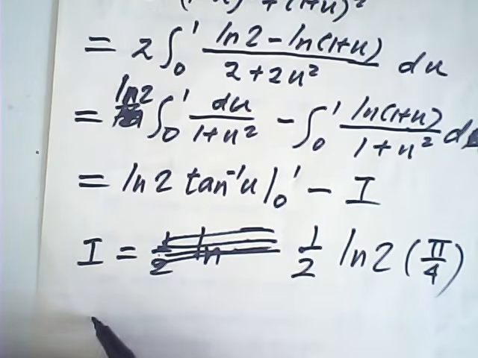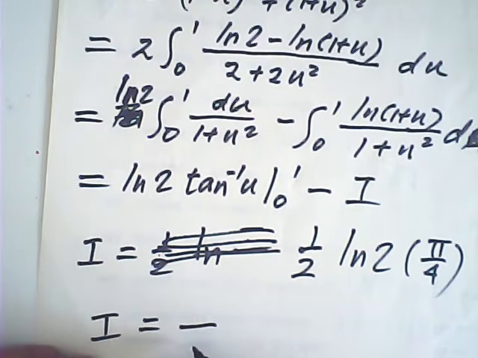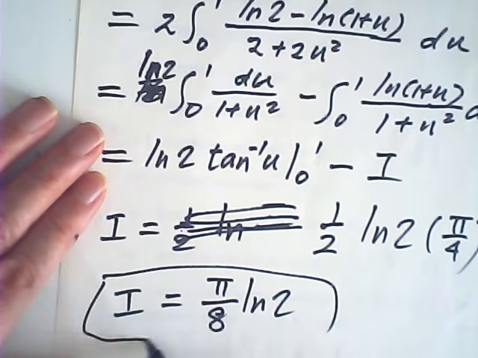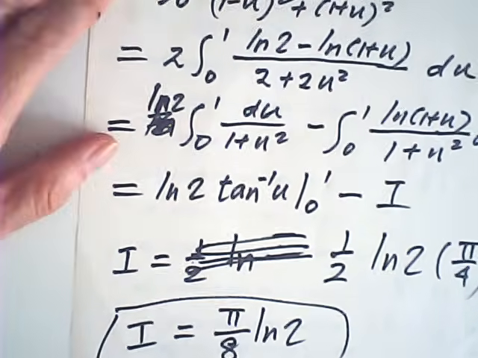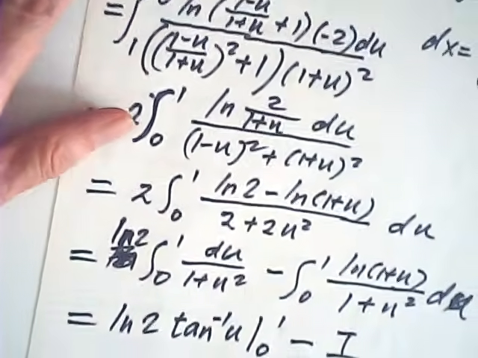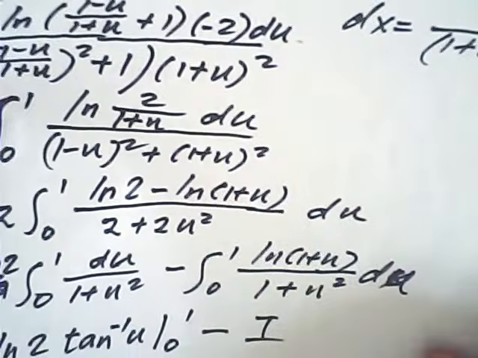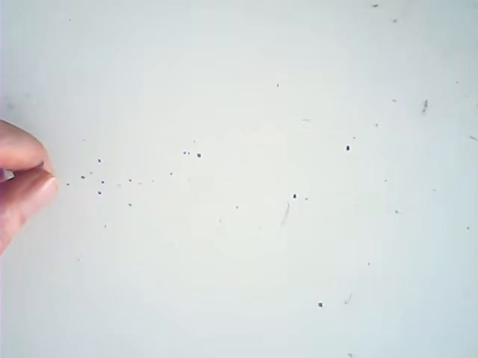So I is equal to pi over 8 log 2. Excuse me for my clumsy writing. So anyhow, this is a method, method of 3, right? Now, okay, method of 4.